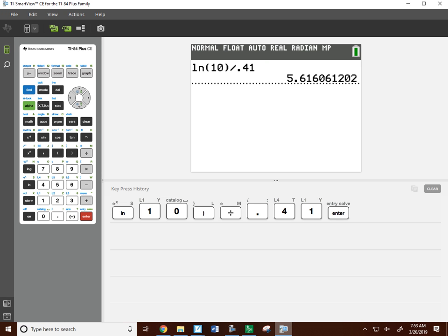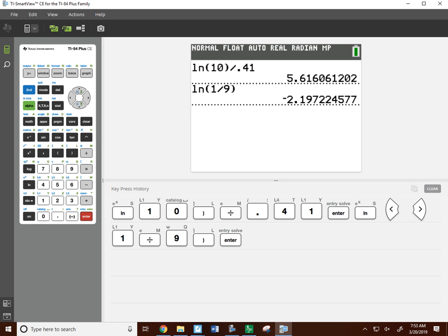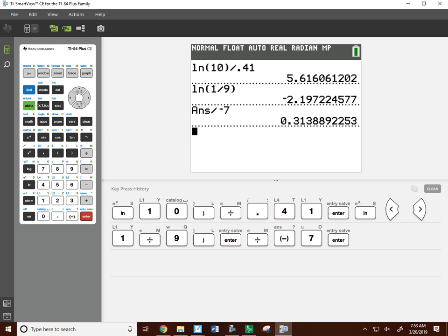Natural log of 1/9, what is it divided by 7? So this one, watch, is actually negative. So then it turns our final k value positive.